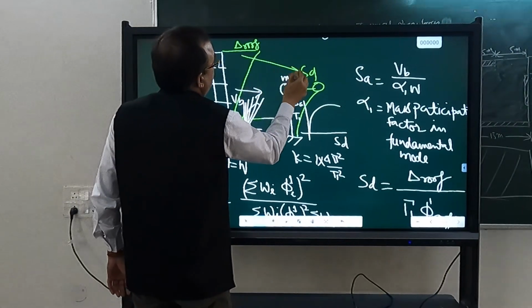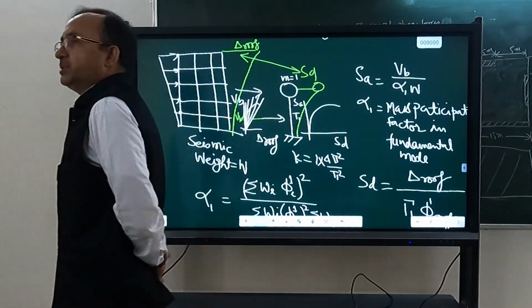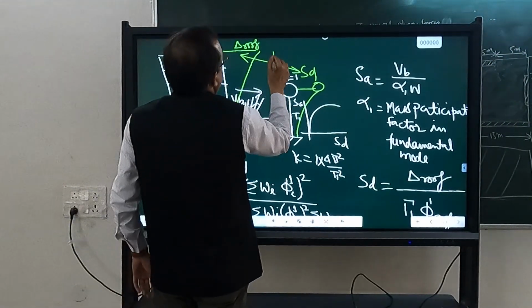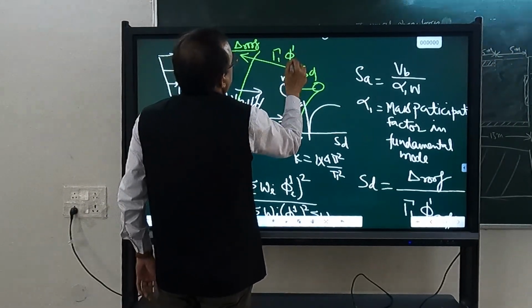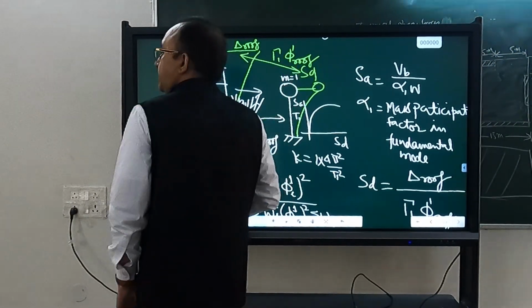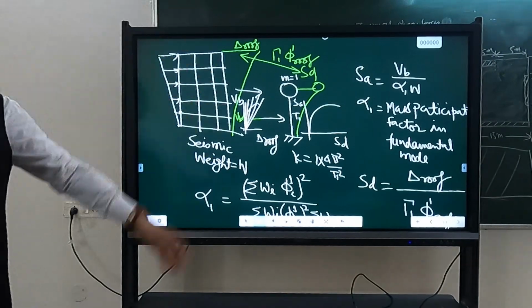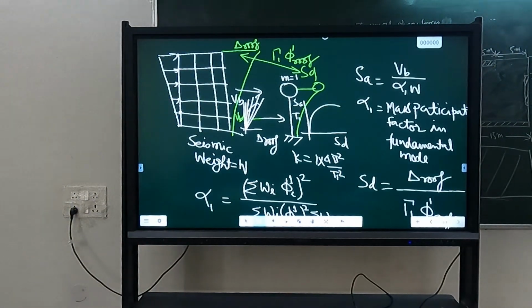So the relationship between these two displacements, the displacement of a single degree freedom system and the roof displacement of the multi degree freedom system, that ratio between the two, that is gamma 1 phi 1. And you can see, irrespective of the building height, this ratio will be somewhere in this range, 1 to 1.5. You can try this for a 20-story building, considering a parabolic motion. You will see that will also come out to be somewhere in this range.